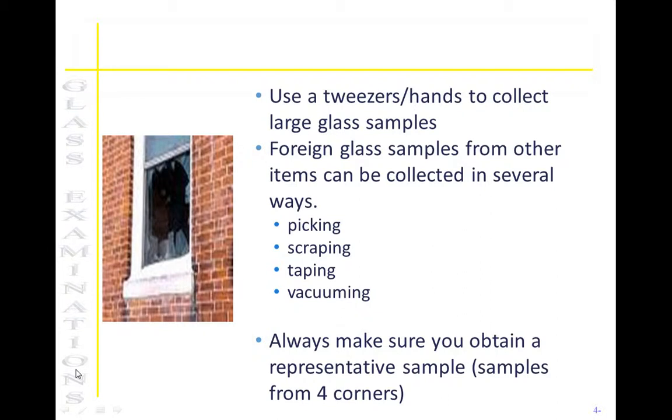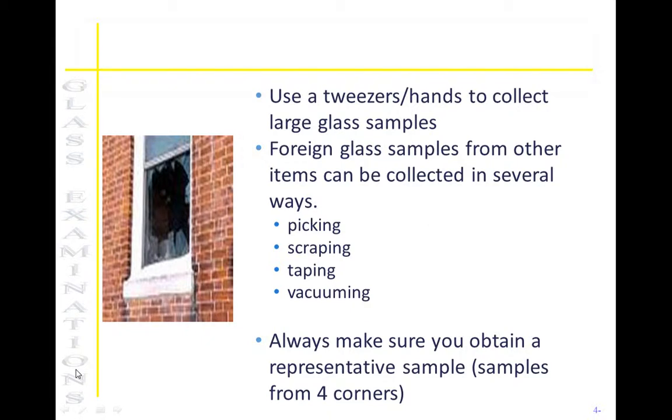So if someone had on gloves and they broke out a window, some of the small glass particles may be embedded in the glove itself, where scraping that glove down may be an easier way to retrieve the particles from that fabric. In some instances, taping or vacuuming may also be used.